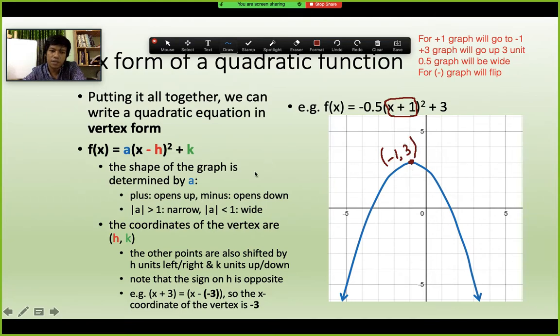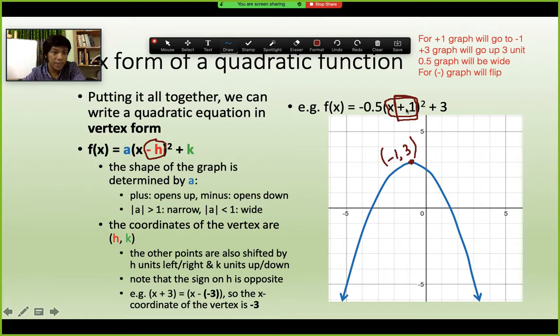And this minus 1 came from where? This minus 1 came from here. This is plus 1, so the vertex will be at minus 1. Why? Because in our formula there is an extra minus. So if the number is plus, then actually it will be minus.